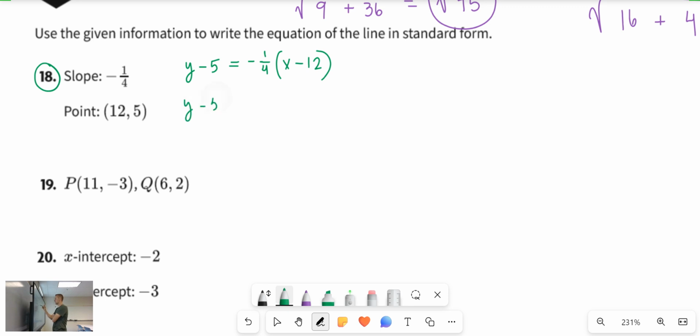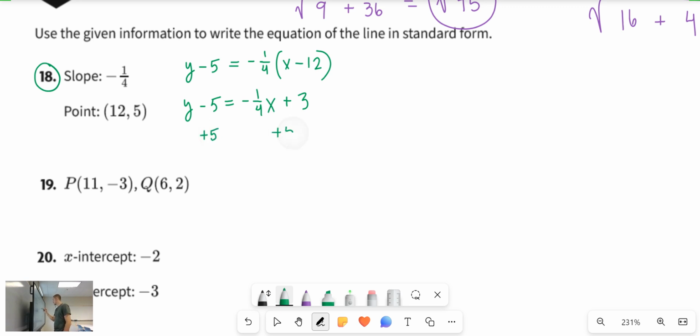y minus 5 equals -1/4 x plus, what's a quarter times 12? I think that's 3, plus 3. Okay, all we did was expand in that step. Now we're going to add 5 to both sides. Let's do that.